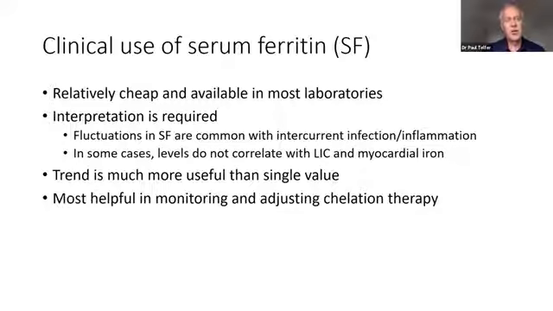So ferritin, because it's easily available and because it's been used in the studies, is still a very important part of the methodology for monitoring iron, and I would certainly advise using it, but my advice would be to use it alongside the other methodologies which I'm going to talk to you about now.